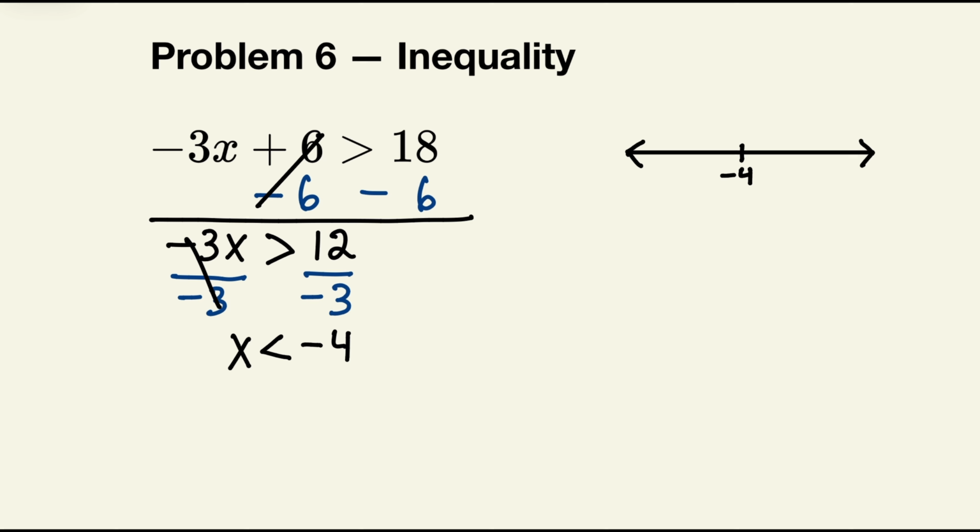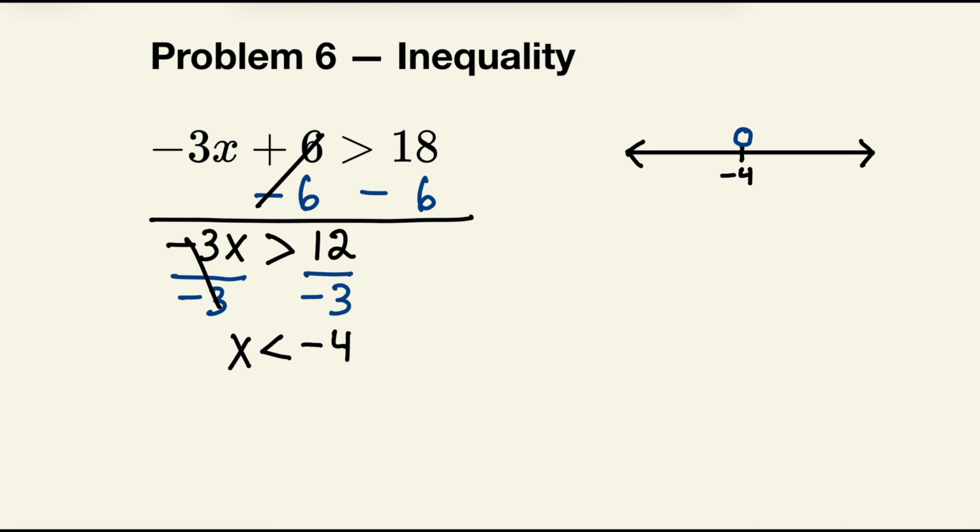by a negative number. So while we're at it, we're going to graph x is less than -4. And as you know, we use an open circle because the symbol does not include equal to. So we'll place an open circle at -4.